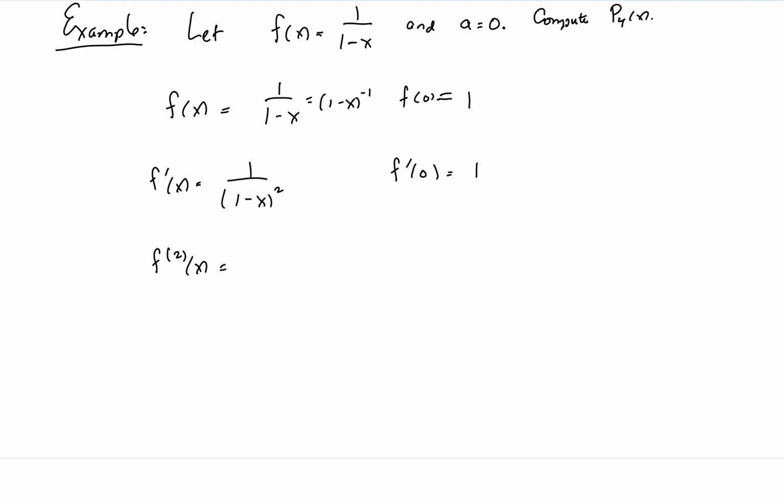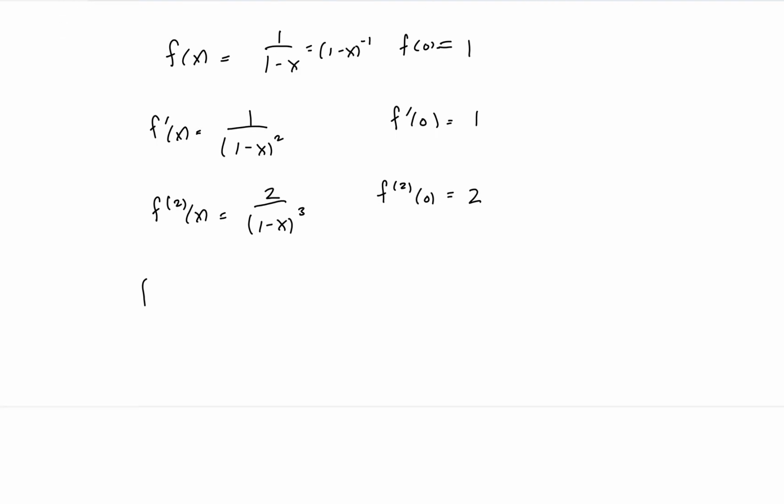Take the second derivative, now I'm going to get a 2 over 1 minus x cubed. So this is just 2. It's going to become 3 times 2 over 1 minus x to the fourth, which we can also write as 3 factorial over 1 minus x to the fourth.